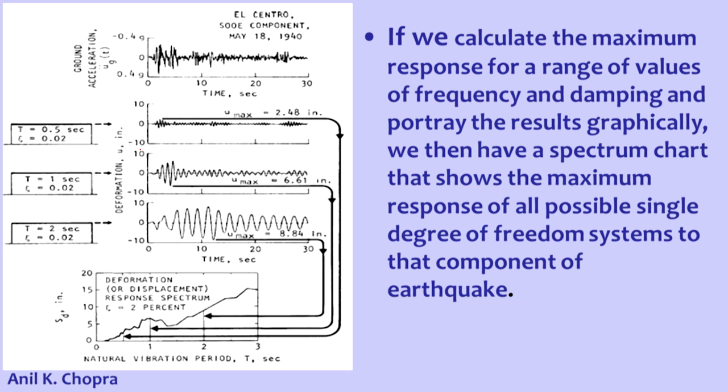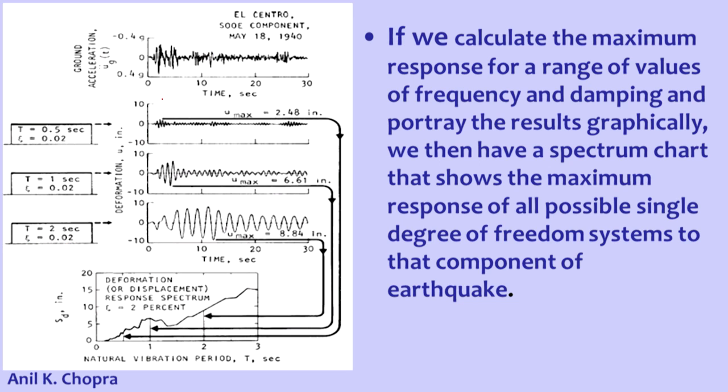Now if you look at this one, this has three structures. The first structure has natural period 0.5 seconds and damping 2%, the second structure has 1 second natural period and damping again 2%, and the third structure has natural period 2 seconds and damping also 2%.